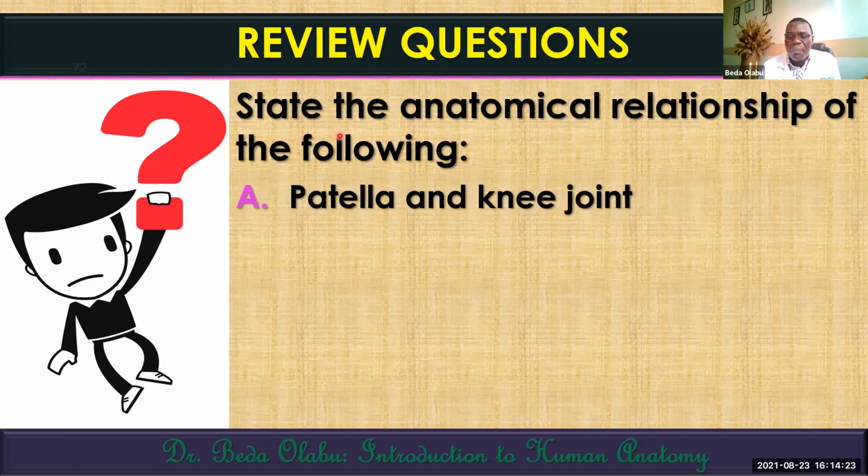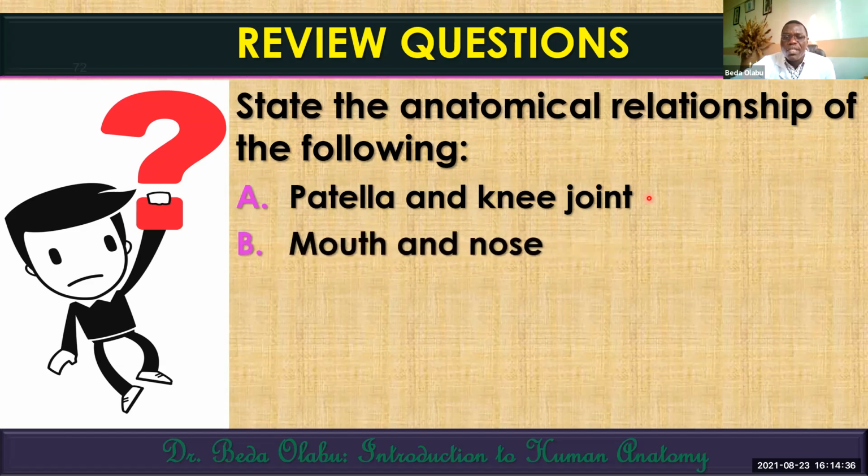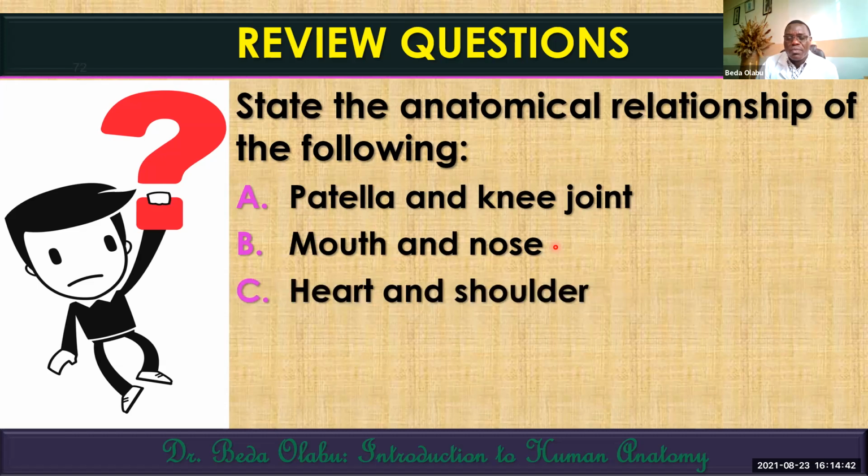And I'll give you 1 minute on this one to just look at it and think through them. How would you describe the relationship between patella and your knee joint? How would you describe the relationship between your mouth and your nose? What terms of relationship would you use to describe the relationship between the heart and the shoulder?